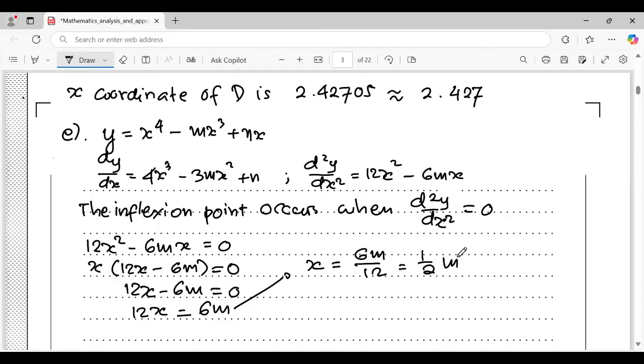So these are the x coordinates of the 2 points of inflection in terms of m: 0 and half of m.